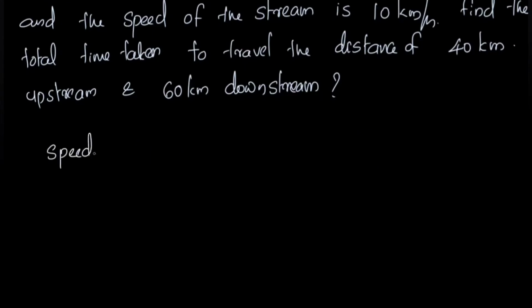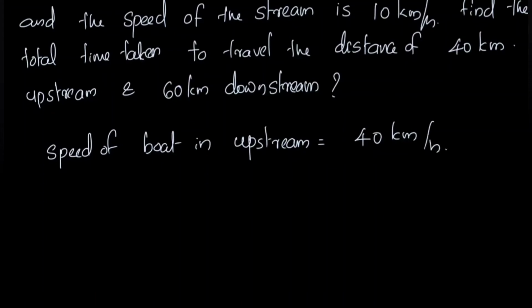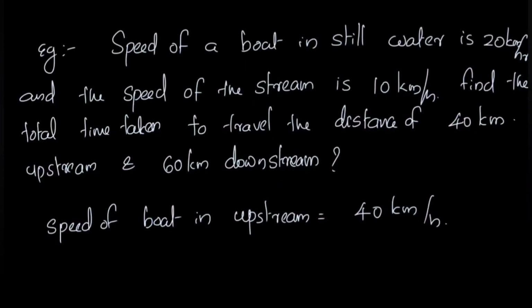The speed of the boat in upstream is the first question. Speed of the boat in upstream is equal to the speed of the boat in still water minus the speed of the stream.